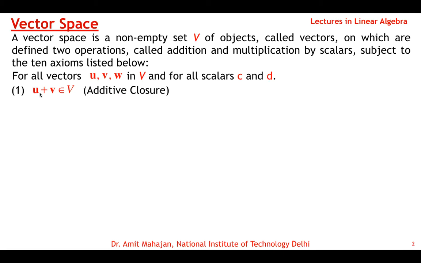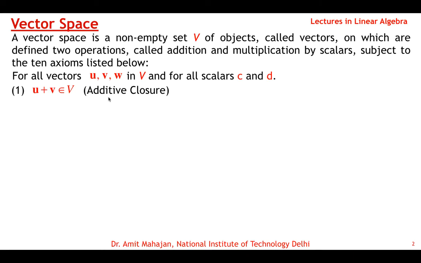So if you have any two vectors u and v in the set V, then the sum u plus v also belongs to the set V, so it is the additive closure. Okay, so you take any two vectors in V, their sum is again inside the set V.